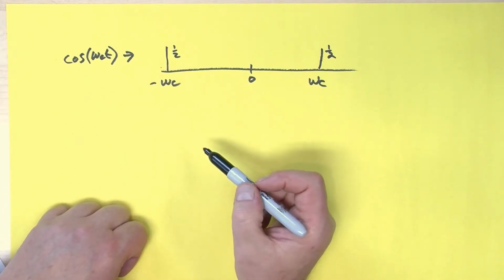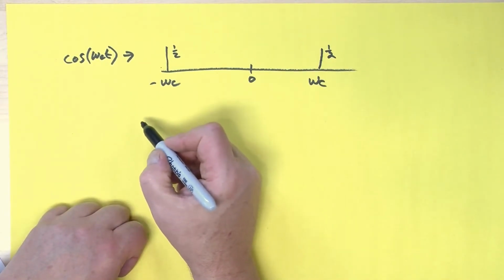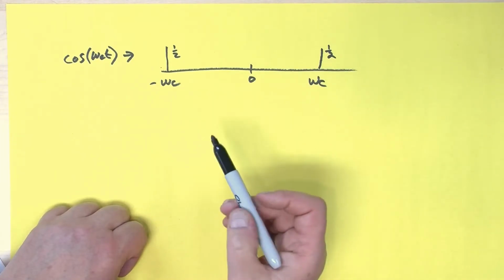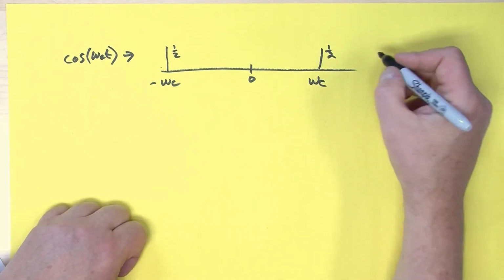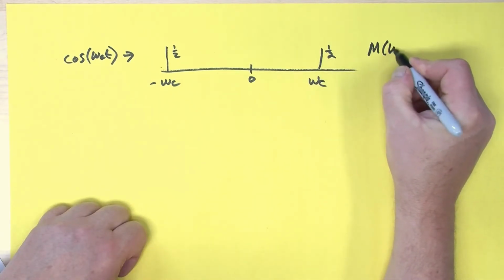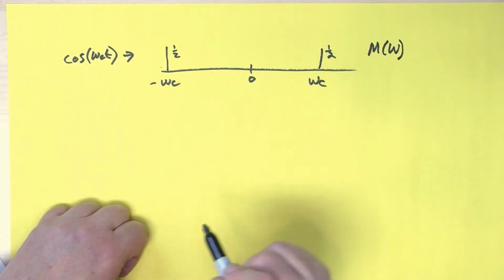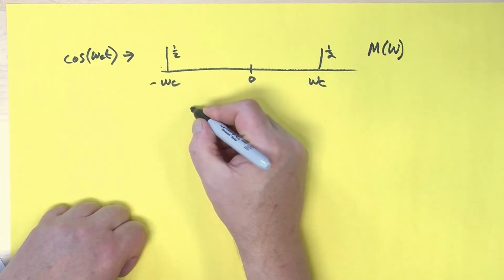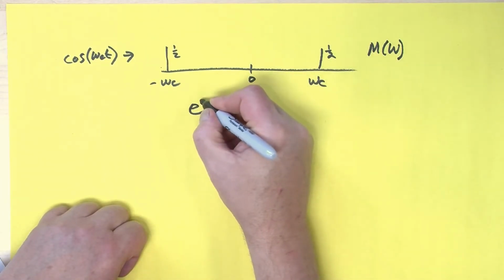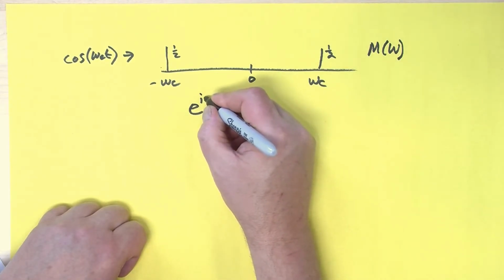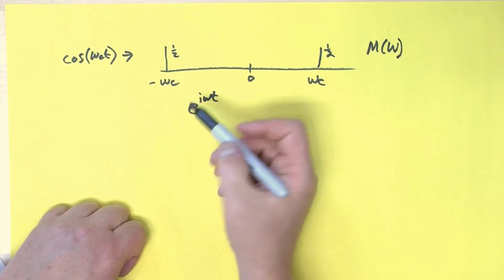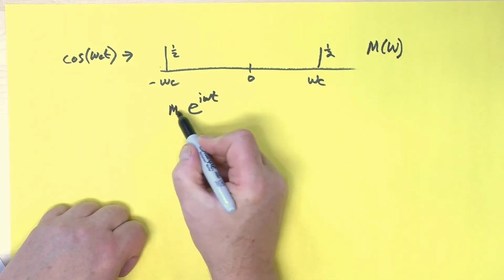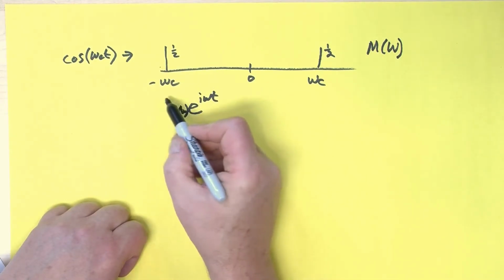And you might recall that in the inverse formula of the Fourier transform, we're basically multiplying our m of omega, which is this, by e to the I omega t before we, in fact, integrate everything.